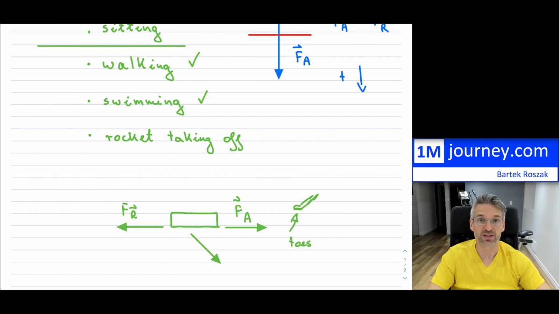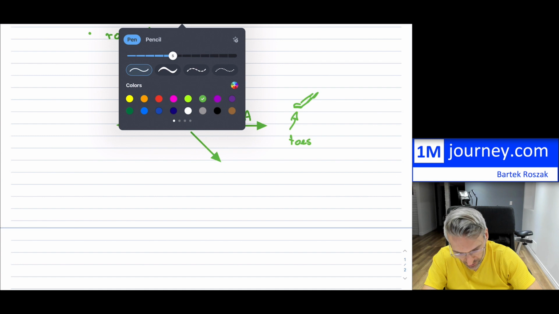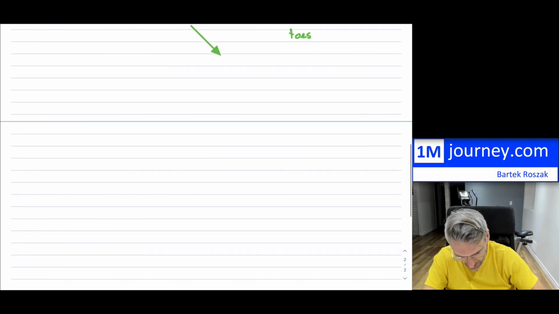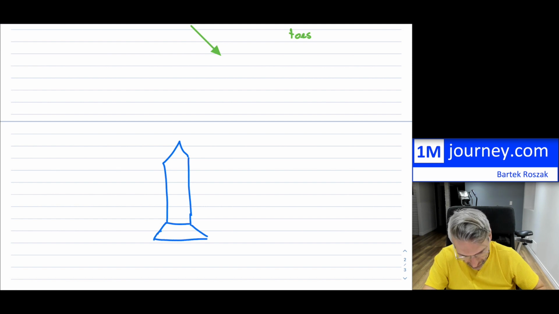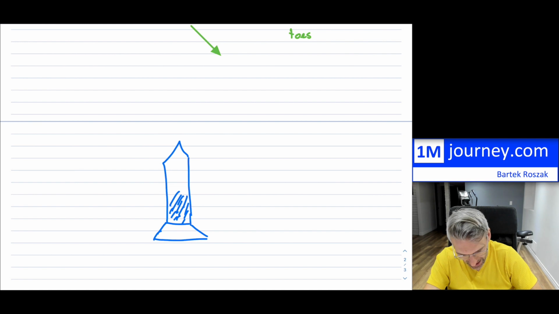The same thing happens in a rocket. So when that rocket is trying to take off, here is my little rocket. Let's say that you have within here a tank of gas. Now this is going to be in liquid form, but it's going to change back into gas form.